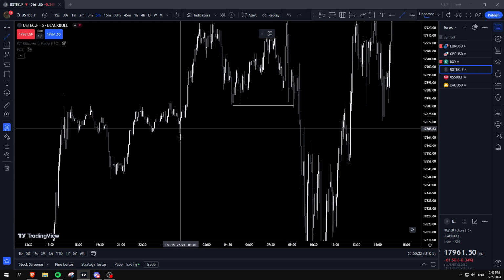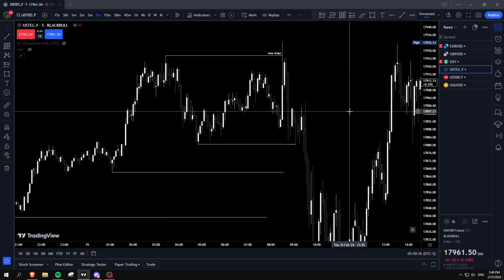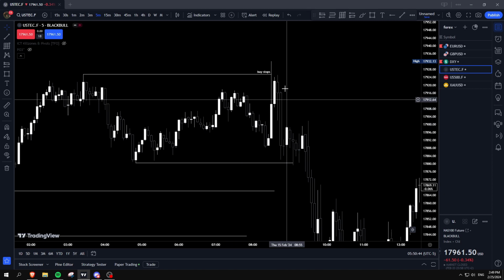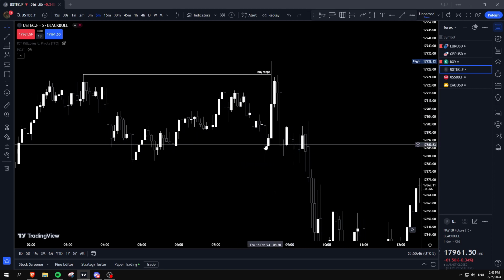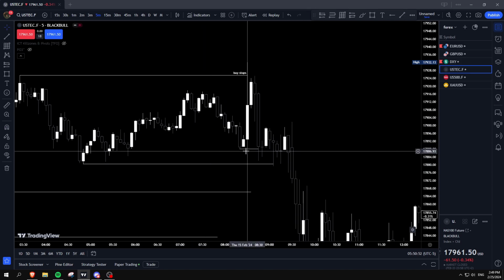We have these lows that we're going to target. So in this case, what if we are trading the unicorn model? What are we waiting for? We're waiting for a breaker block and a fair value gap to be formed. So we have a high, a low, a high, and a lower low here, right? We had a market structure shift here.